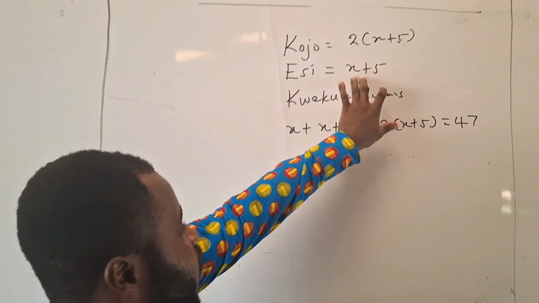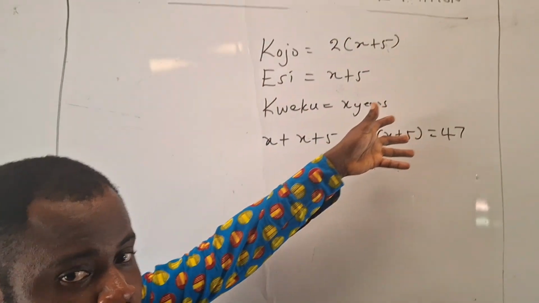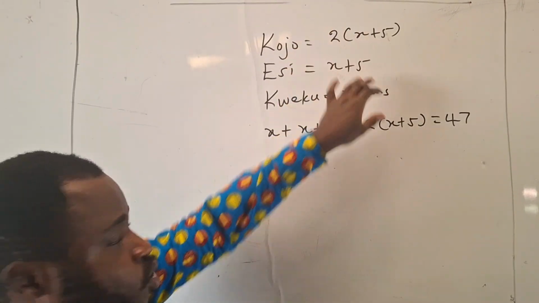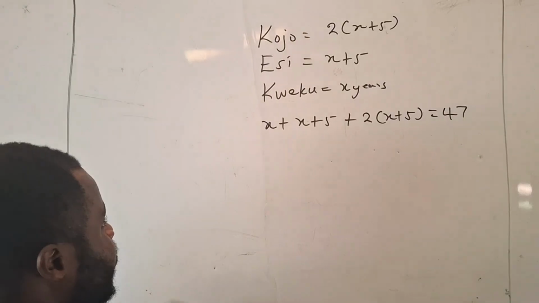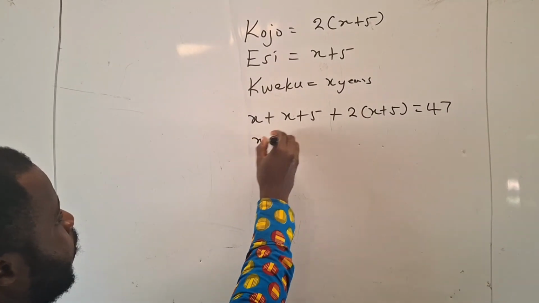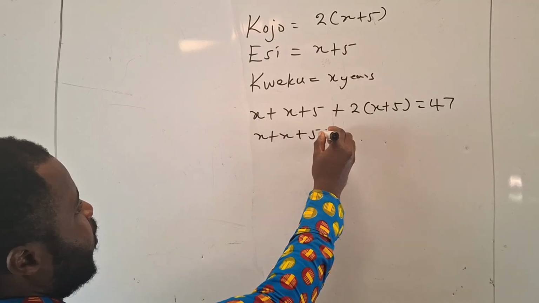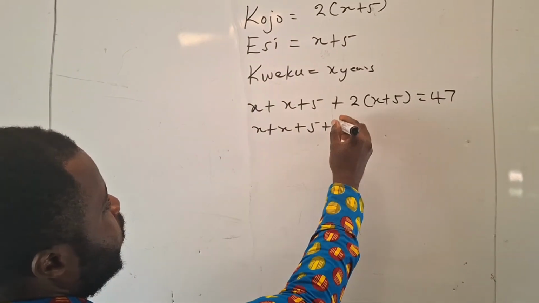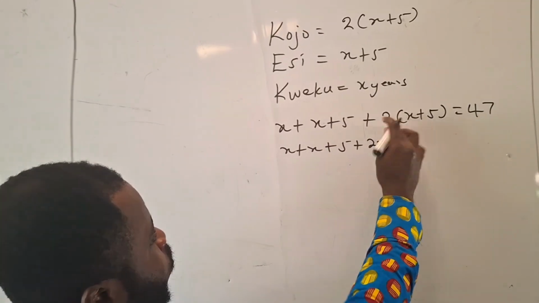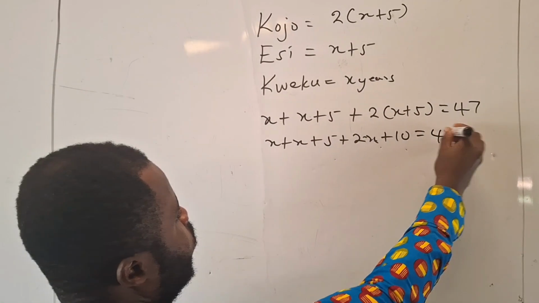AC is 5 years older. And Kojo is twice as old as AC. So we have x plus x plus 5 plus, now let's open this, 2x plus 2 times 5 will give us 10, all equal to 47.